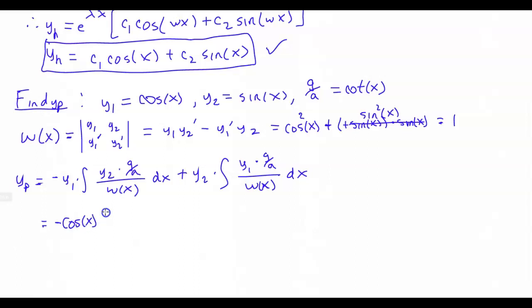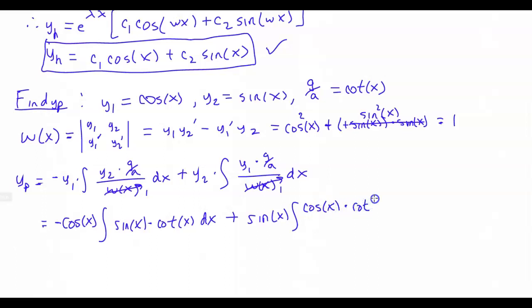So y sub 1 is cosine. Wronskian here, all this is just 1. Y sub 2 is going to be sine of x times cotangent x dx plus y2 is going to be sine of x times integral of y sub 1, which is cosine of x times cotangent x dx.